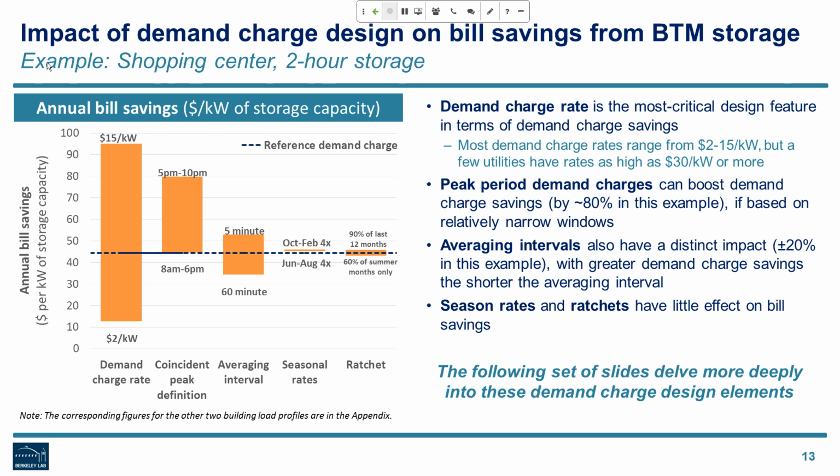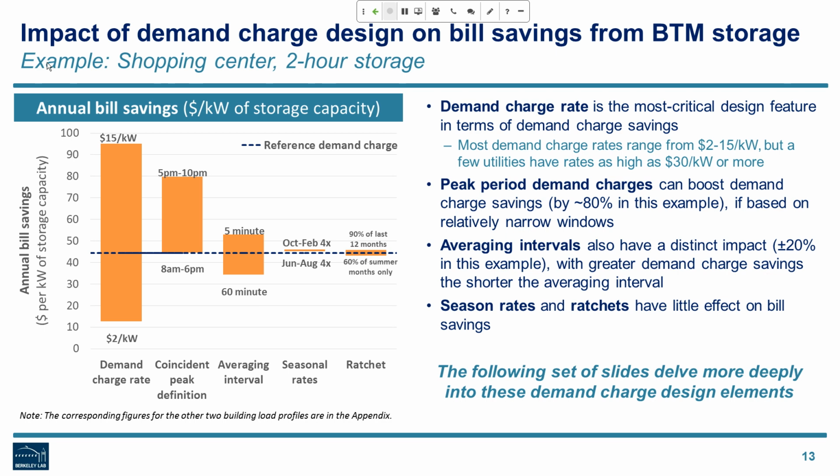The averaging interval also has a distinct impact, plus or minus about 20% in our example, with greater demand charge savings for shorter averaging intervals. Again, the averaging interval is the period of time in which the customer's demand is averaged to determine the billing demand level.